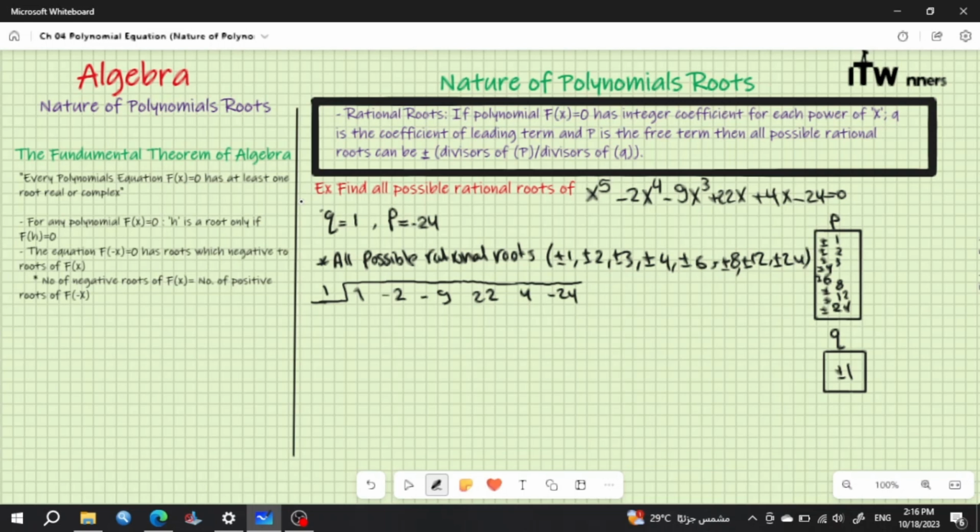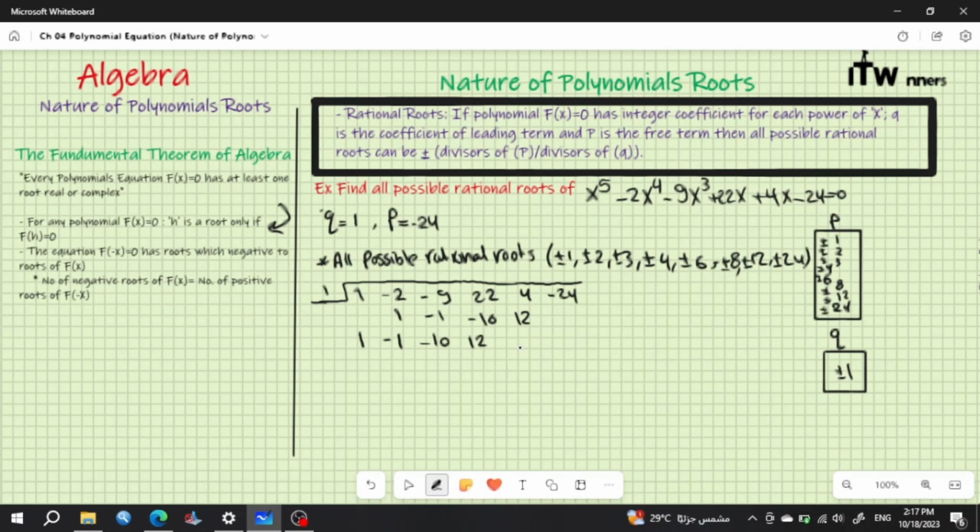Let's start here in the third line. 1 by 1, here 1, negative 1. Negative 1 by 1, here negative 1, negative 10. Negative 10 into 1 equal to negative 10. So we have here 12, 12 into 1 equal to 12.